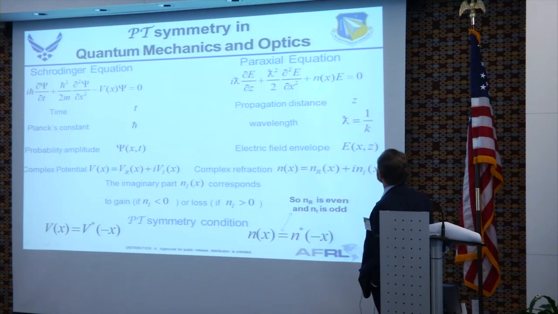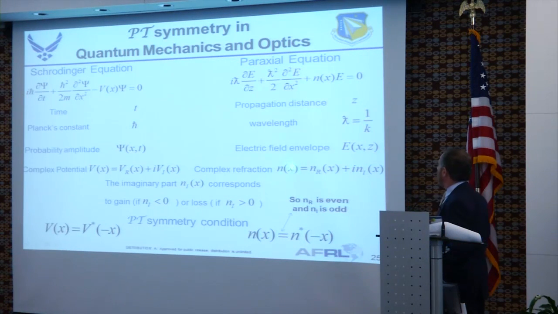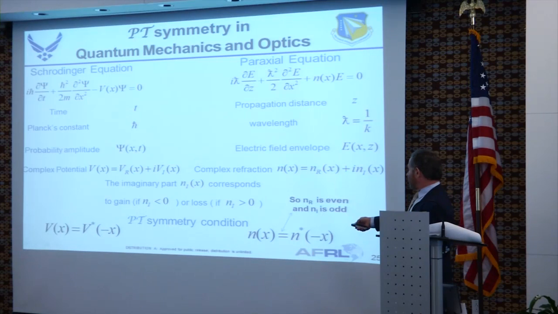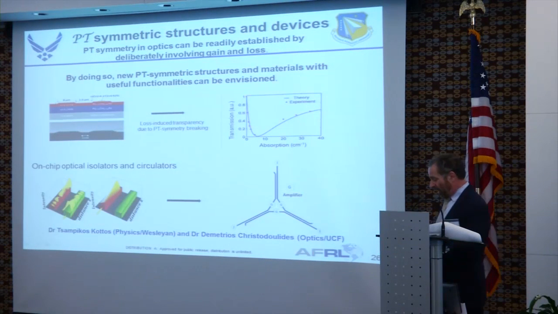The only difference here, what stands here as the potential, now you have the index of refraction. And a complex index of refraction can have a real part, that's a real index, and an imaginary part, that's gain and loss. And so it's possible that if the index of refraction did the same thing as V, you could get real eigenvalues out of that. And why do you care?